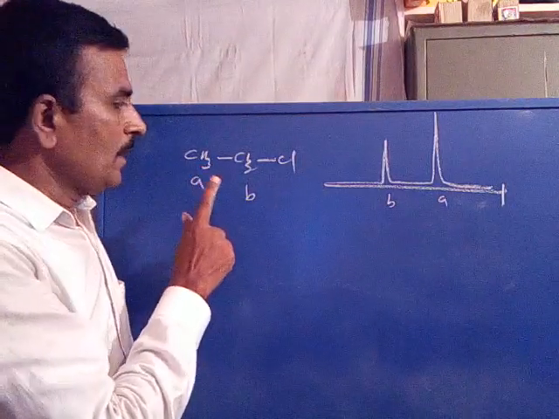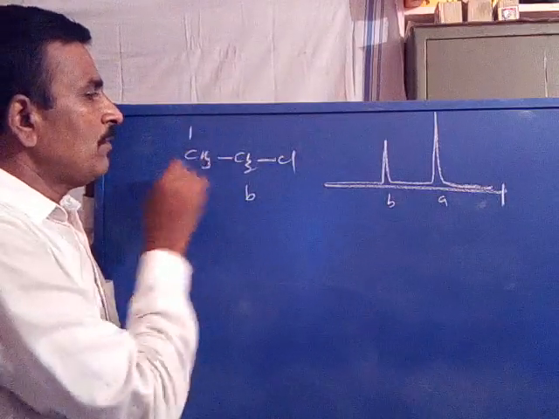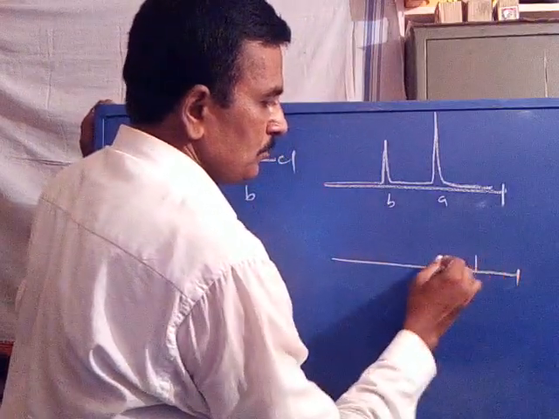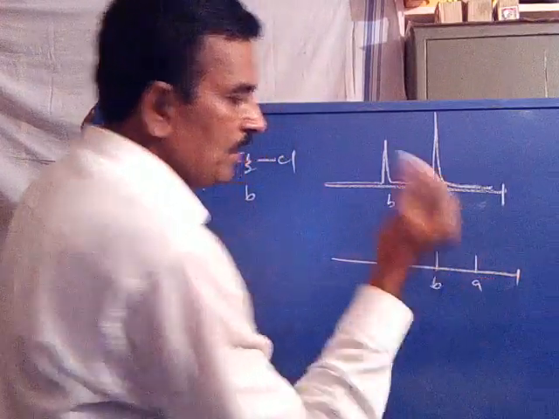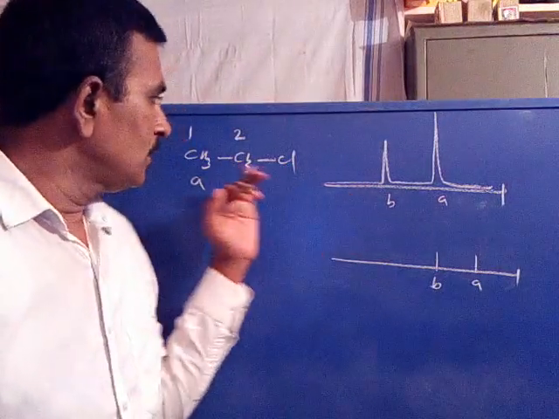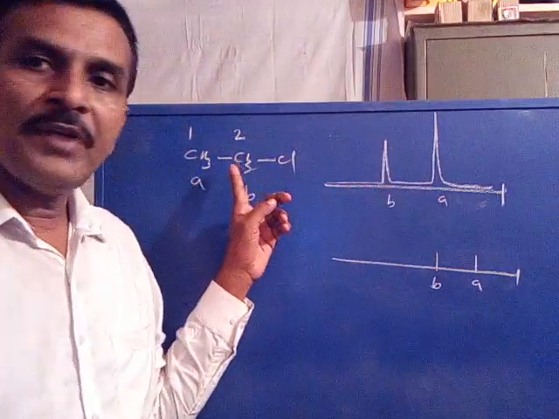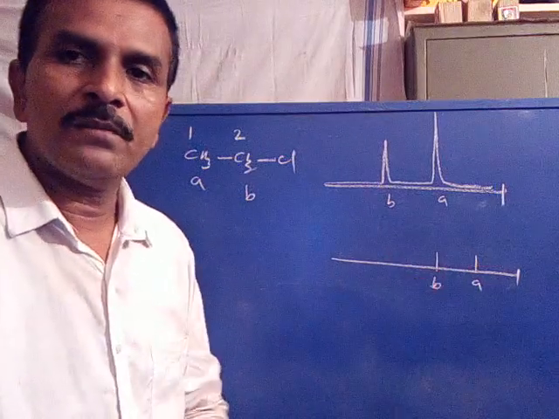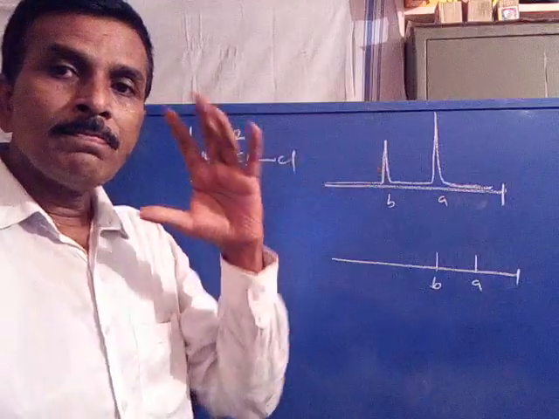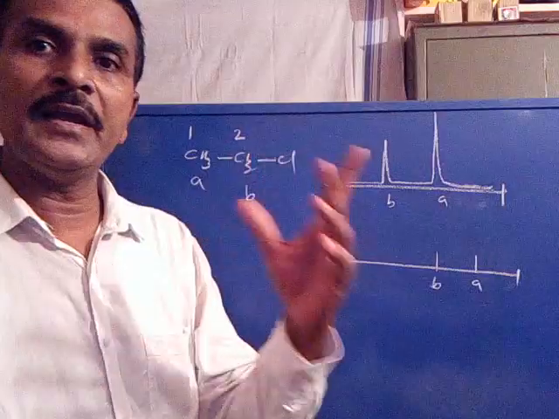Is it clear? For the same molecule, this is the carbon NMR spectrum. Carbon 1, carbon 2. You can observe A carbon, B carbon. Now, let us find out the differences. Two sets of protons are there, two signals appear. Two non-equivalent carbons are there, two signals appear. Now, what are the differences? In the proton spectrum, the signal corresponding to each set of protons appears sharp and intense.